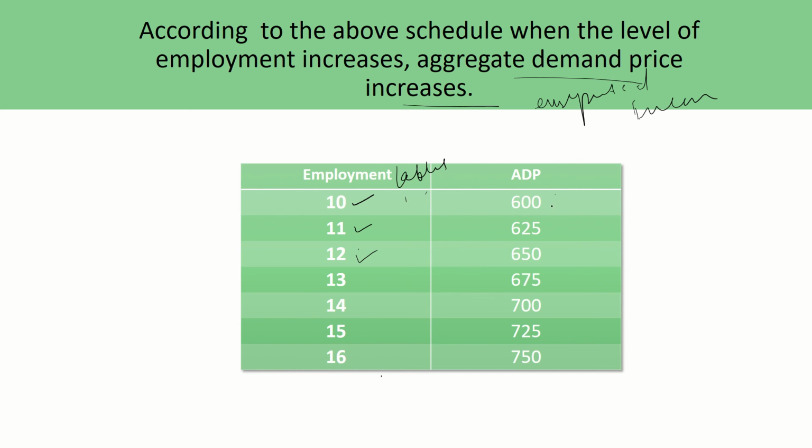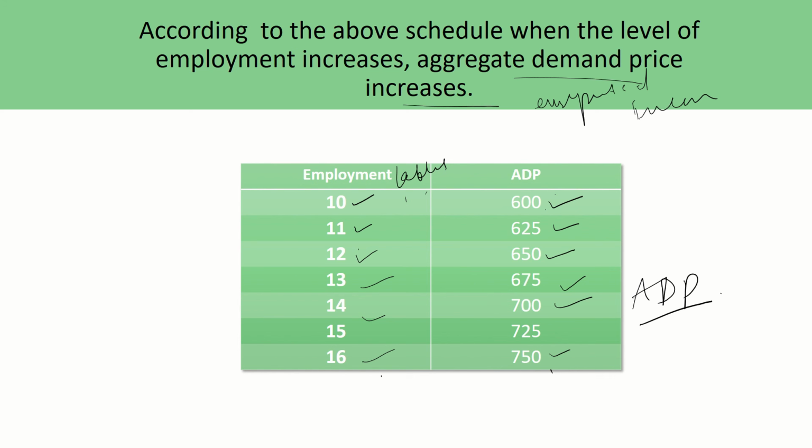So this expected income from the sale of output is 600, 625, 650 and so on, up to 16 labors, the expected income keeps increasing. So this is called expected income. This is aggregate demand price.